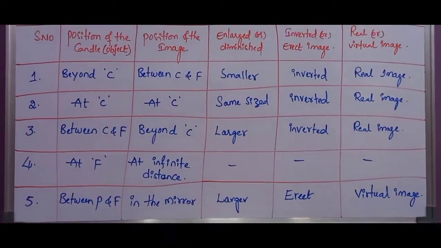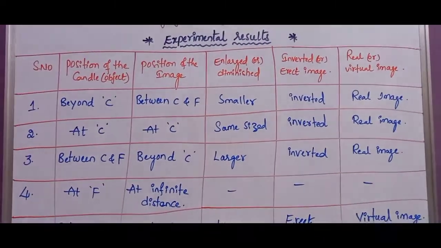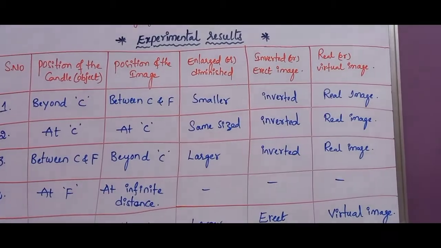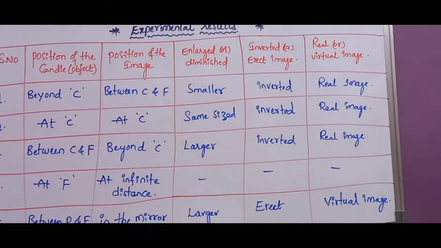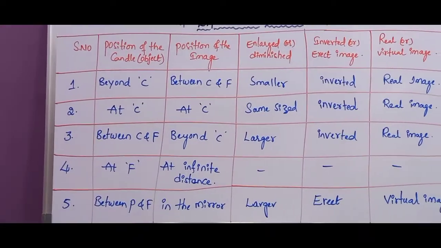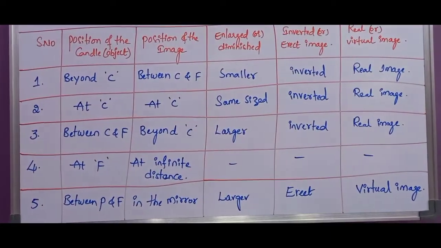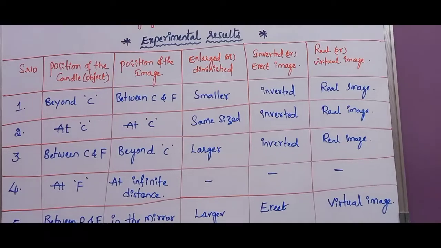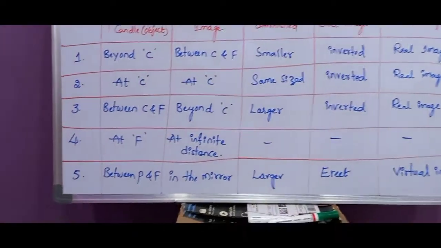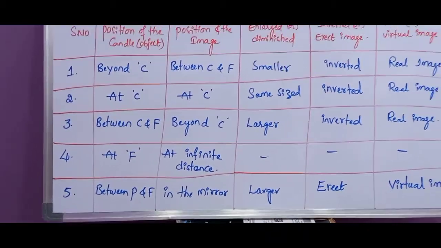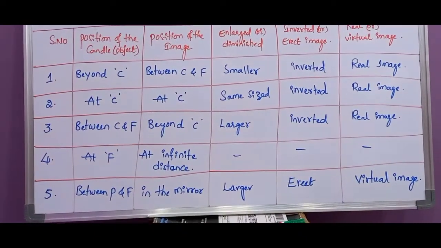Similarly, when the object is placed at C, the image is also formed at C, and the image is the same size as the object, inverted and real. When the object is placed between C and F, the image is formed beyond C, and it is larger than the object, inverted and real. When the object is placed at F, the position of the image is not actually measured.